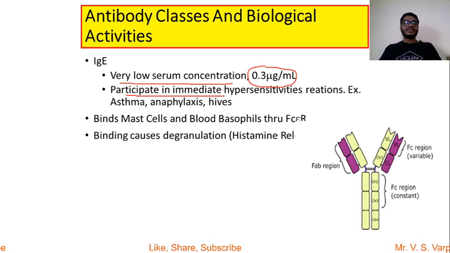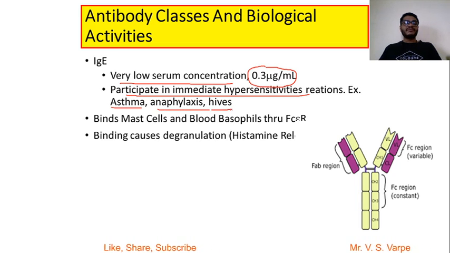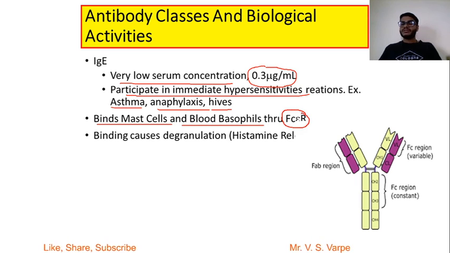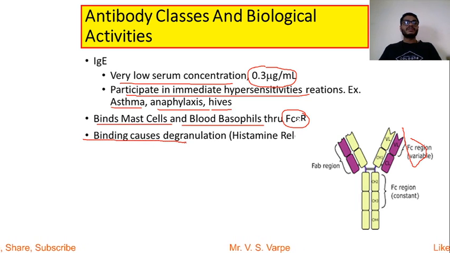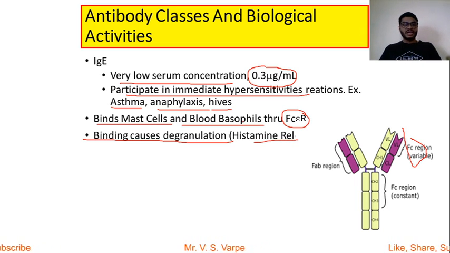It participates in immediate hypersensitivity reactions such as asthma, anaphylaxis, hives, etc. They bind to mast cells and blood basophils through the Fc epsilon region. Another function of binding is that it causes degranulation and histamine release. This is a brief introduction of IgE.